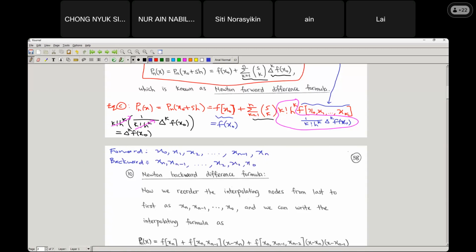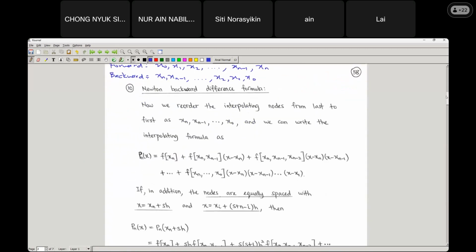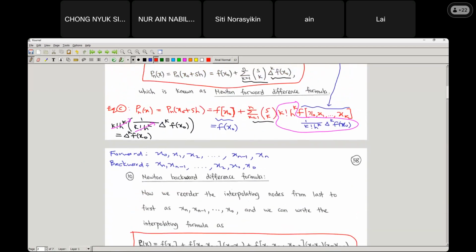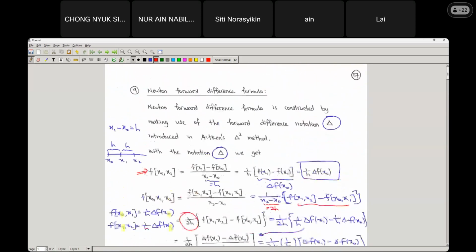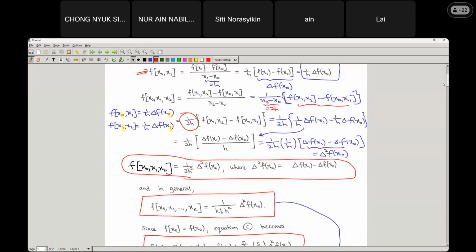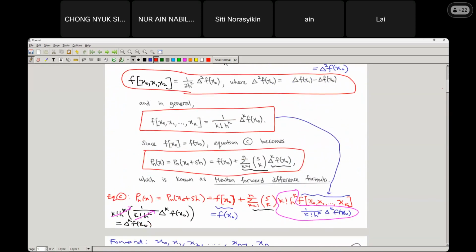So what you can do for backward is, we can write the interpolating polynomial in the backward form. So this is the formula. Do you remember for the first one, we should have f(x0)? If you see the formula for Pn(x), the first term here is f(x0).